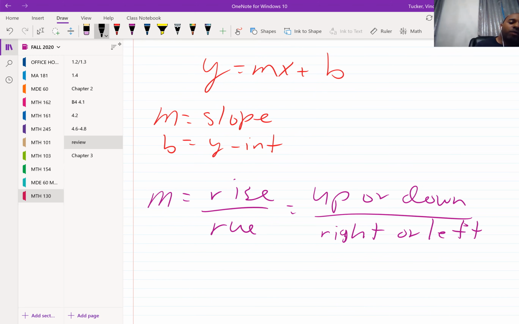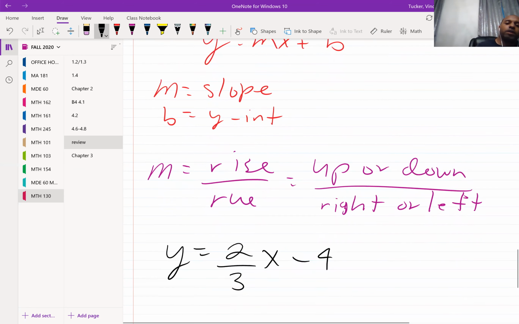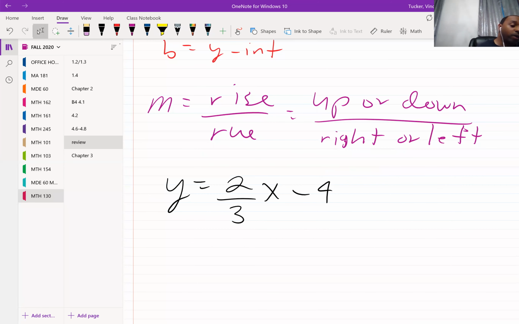So let's see, if I want to graph using my slopes, say I have y equals 2/3 x minus 4. The first thing I recognize is that the number in front of x is our slope, so that's 2/3. And this other number, -4, is my y-intercept.